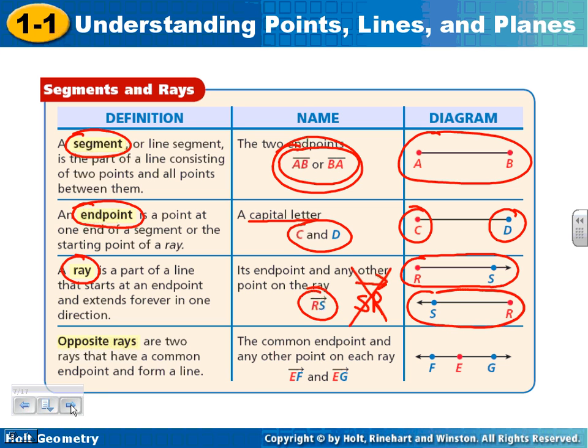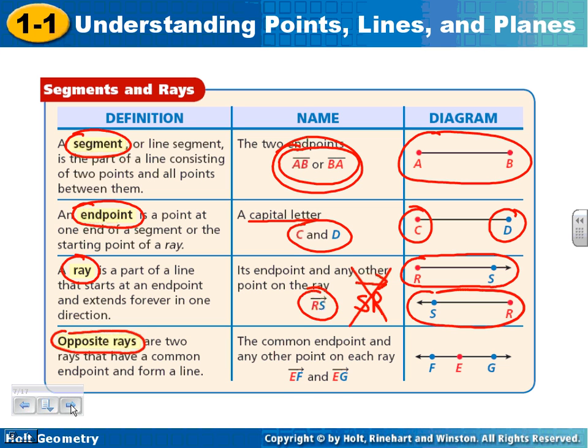The fourth one, opposite rays. Opposite rays are two rays that have a common endpoint and form a line. In other words, it's like the left side of the line and the right side of the line. You would name these by the common endpoint and any other point on each ray.